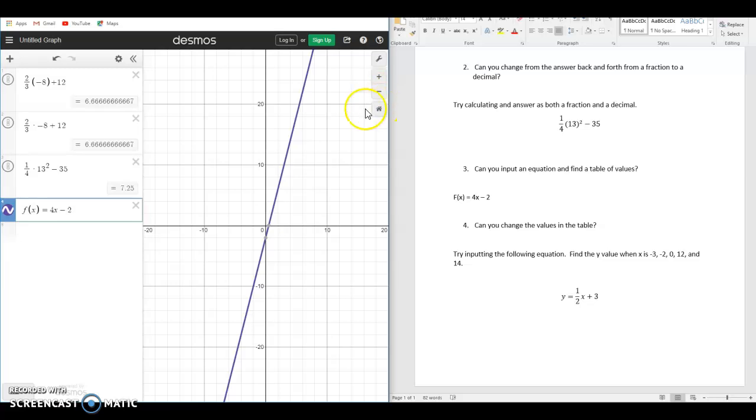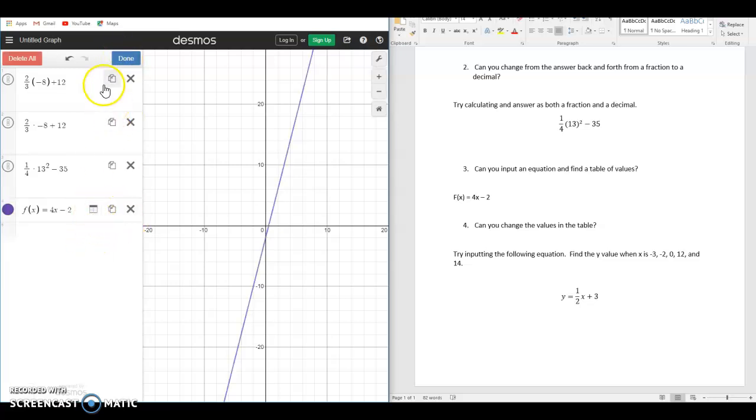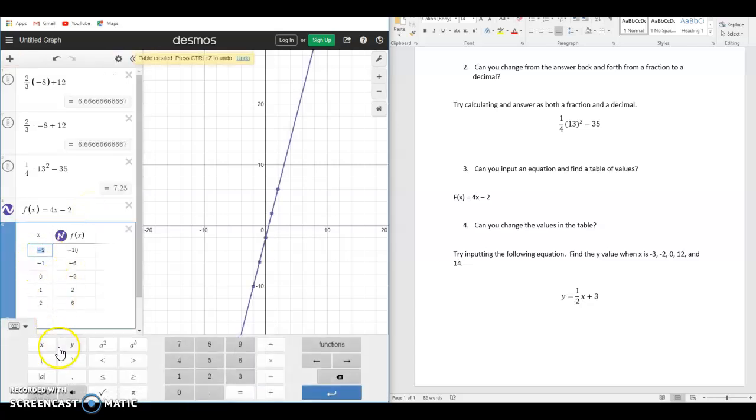But what's important here is I want you to see that you can pull up a table of values, and this is going to be really helpful for our unit that we're working on right now. So do you see this little edit, or what do we call this, like a wheel? If you click on that, then it's going to allow you to pull up some other things. And so in our equation that we just typed, it says convert to table. And so if you click on that, it'll bring up a table of values. I think it automatically always puts these x values, but I do want you to see that we could change that.